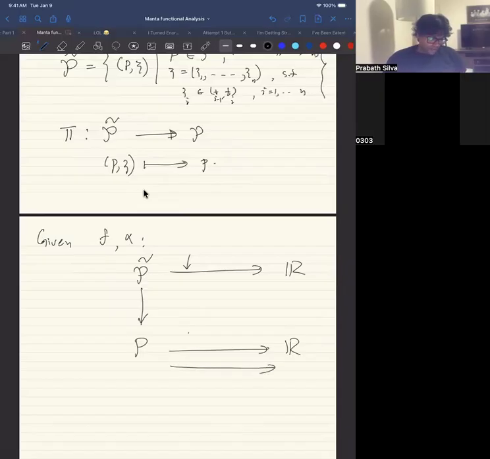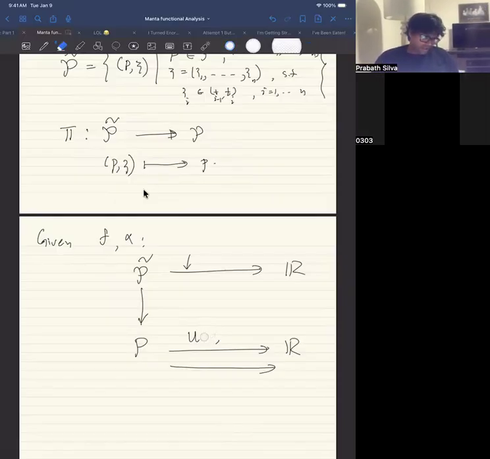You have the upper sum of f for the partition P, U(f, alpha, P), and then you have the lower sum, L(f, alpha, P).